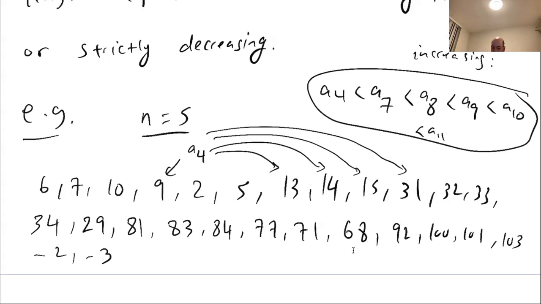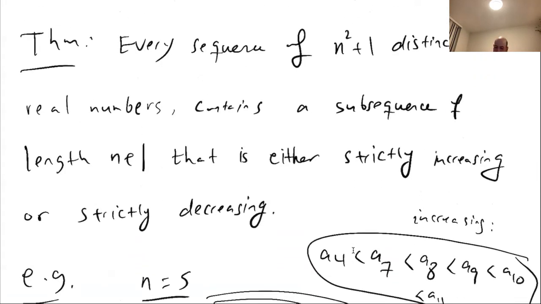And I have a4 less than a7, less than a8, less than a9, less than a10, less than a11. Because 9 is less than 13, less than 14, 14 less than 15, 15 less than 31. So I found 6 elements of the original sequence which are increasing. So I found a subsequence of length 6, which is increasing.